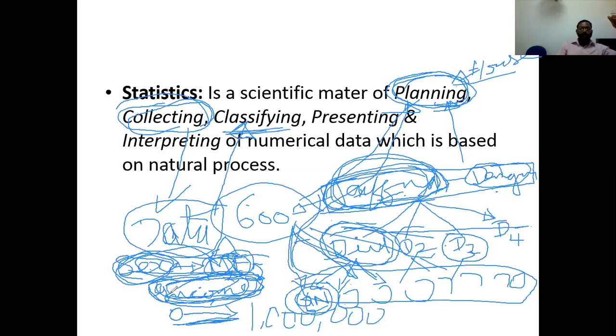We will talk about those variables later. So two different variables, so I cannot perform the same statistical analysis. So after collecting the data, we want to classify the data. That is why classification is important. Based on the classification, we will perform the statistical test.